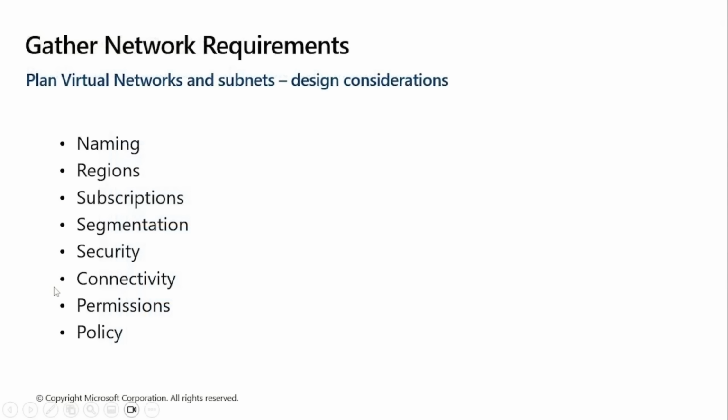So what are the things that we have to take care of when we are recommending a solution for network? The first thing is the naming convention. When we are planning for network, the naming convention plays a very important role. The name should give out information about the purpose of the network, and we should include region details there.